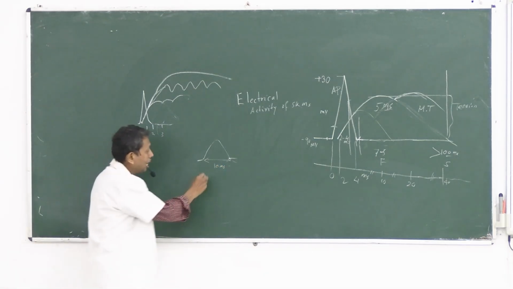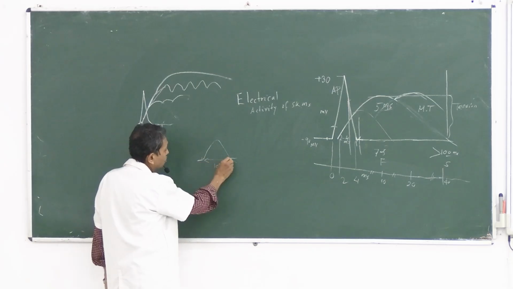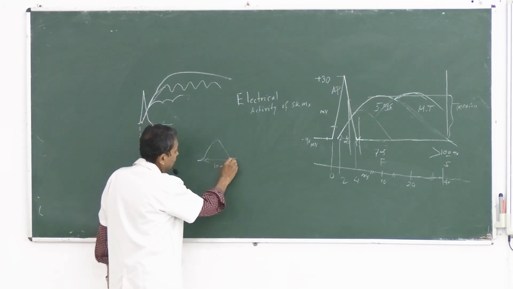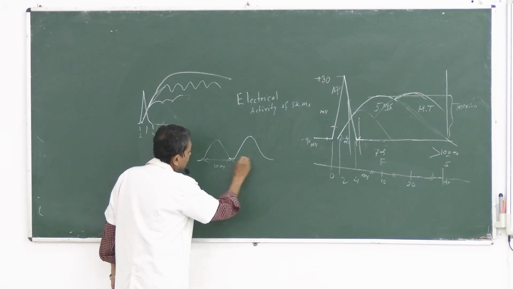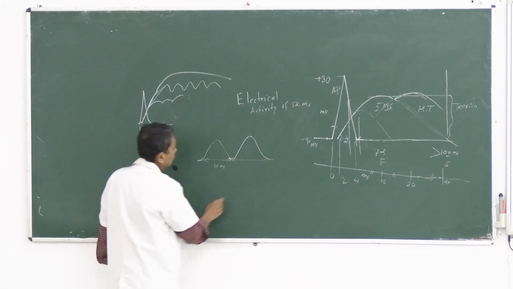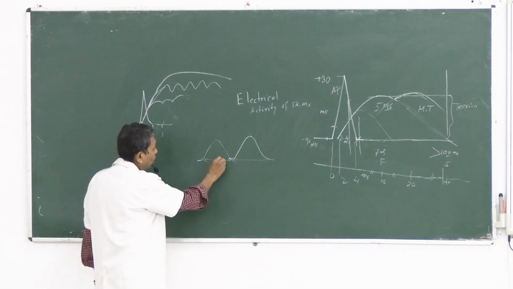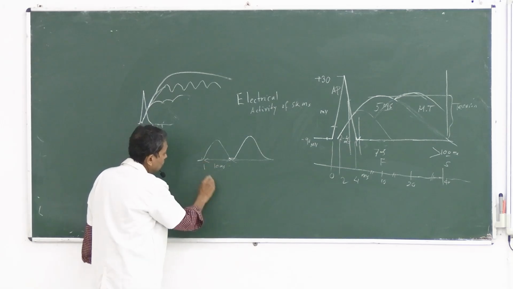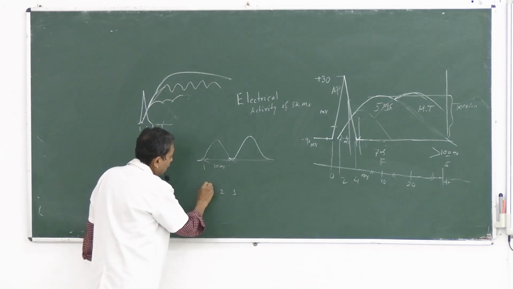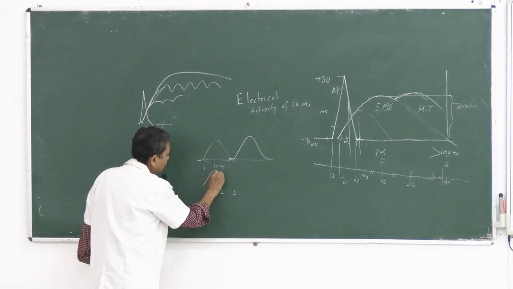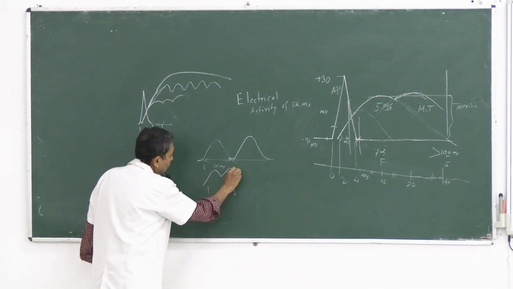If another impulse comes after the expiry of this, then there is another twitch. But if it falls within it, suppose 1, 2, 3, then there is every chance of summation.